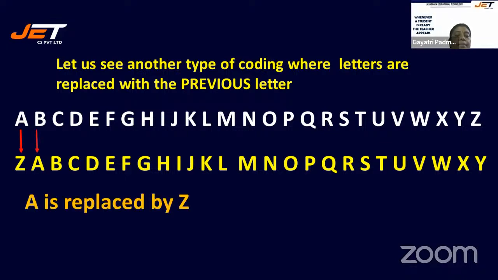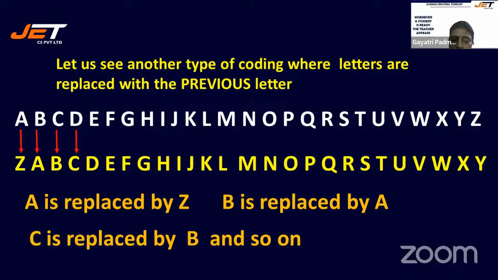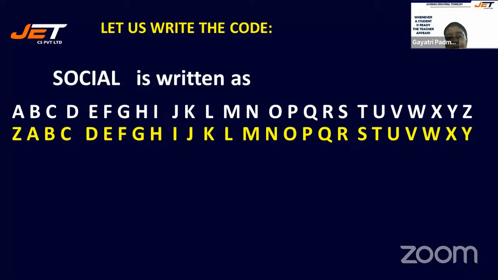So A is replaced by Z, B is replaced by A, C is replaced by B, D is replaced by C, and so on. Now let us try to code SOCIAL.